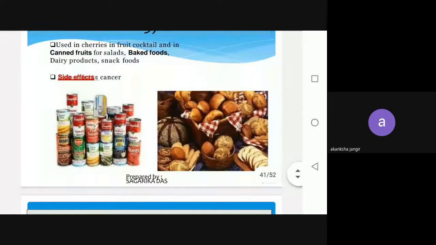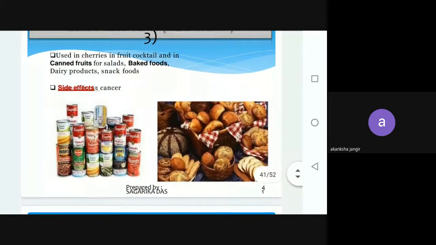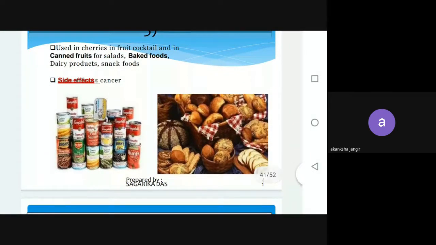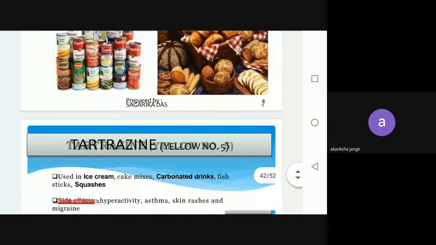In which type of materials you can use these colors, they have given. And remember, these artificial colors have side effects, and they can cause allergies. They might even lead to cancer. And the allergy itself will give rise to a plethora of diseases.